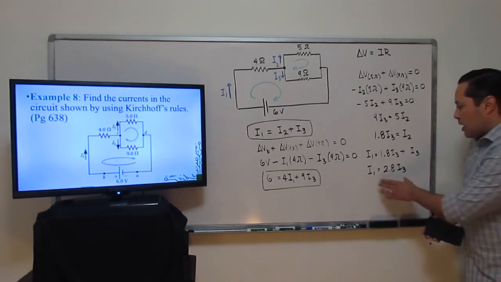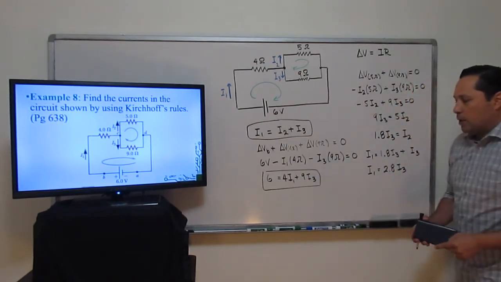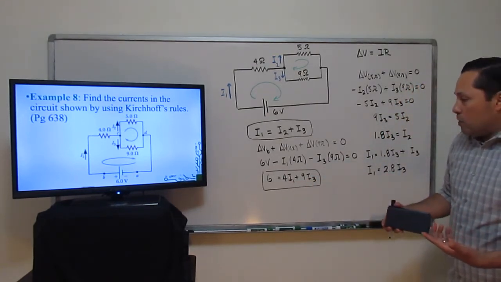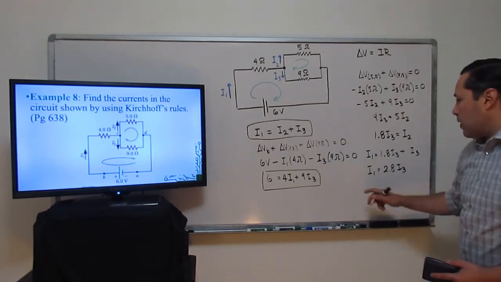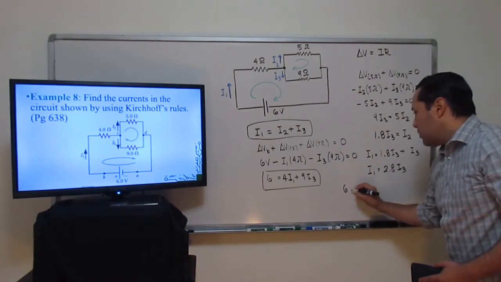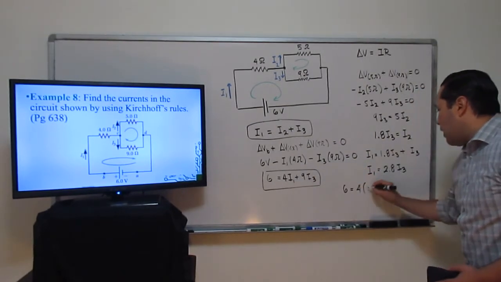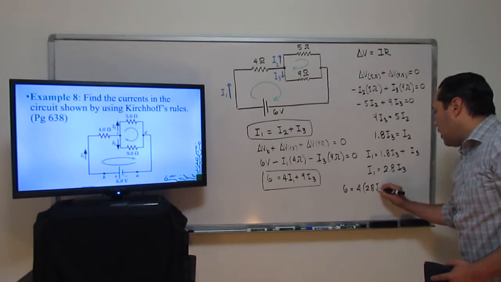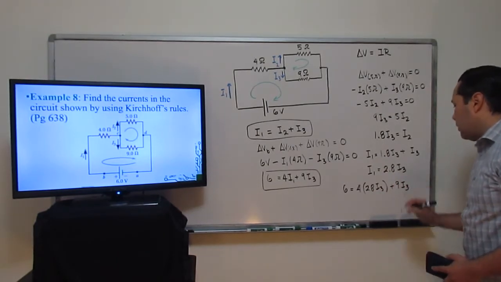All right, so now that we have this value, we can substitute it into this formula. And now we can figure out what I3 is. So we're going to substitute that right there. So it'll look like this: 6 is equal to 4 multiplied times I1, and I1 is 2.8 I3, plus 9 I3.